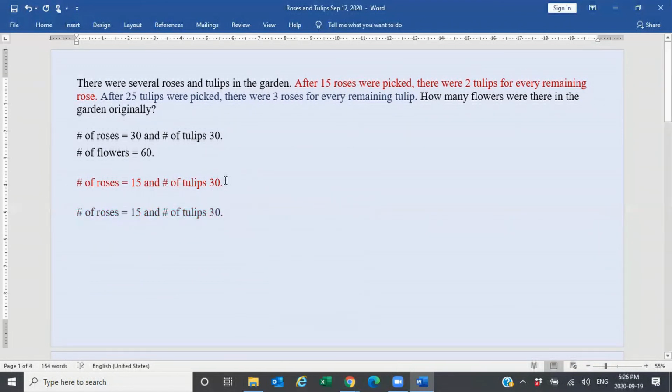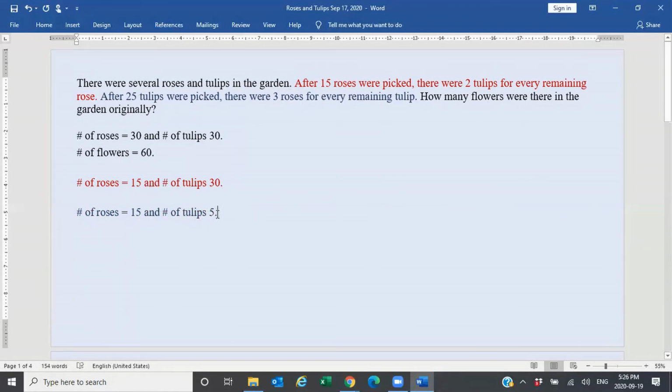I actually need to copy the part of the question. We checked this part. Okay, now it says after 25 tulips were picked, there are 3 roses for every remaining tulip. Right? So 30 minus 25 is 5. Now, we can see here that 5 times 3 is 15, and there are 3 roses for every remaining tulip.